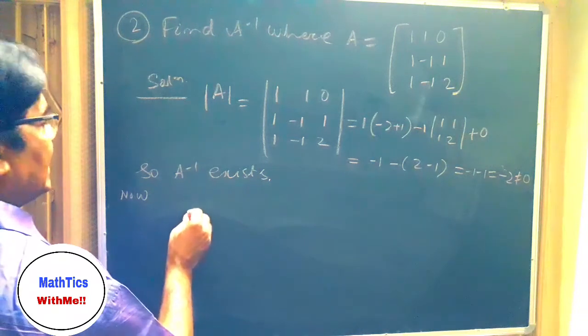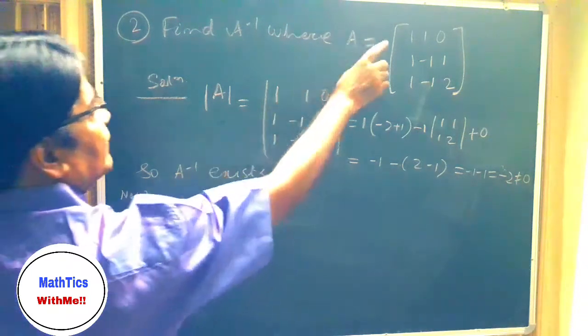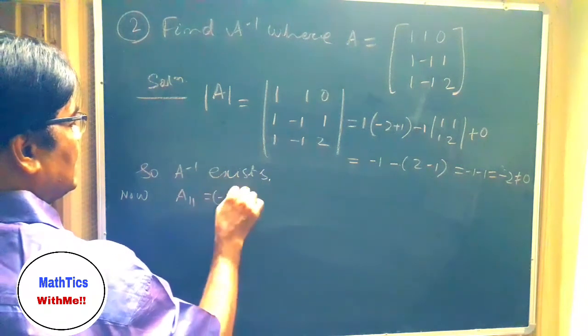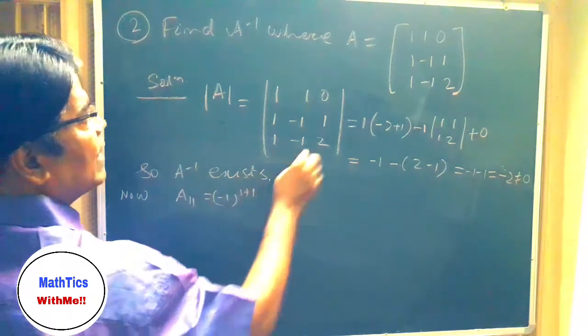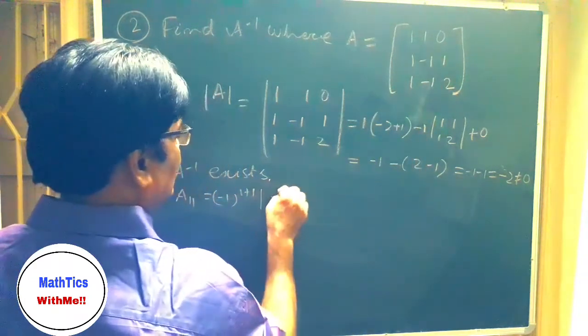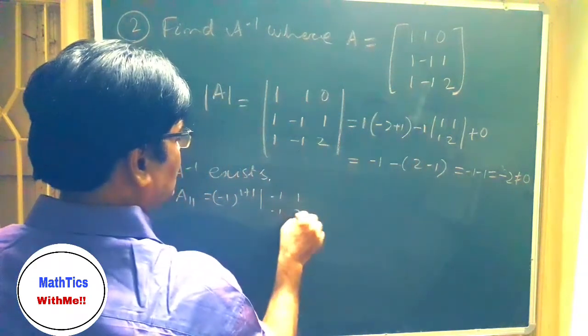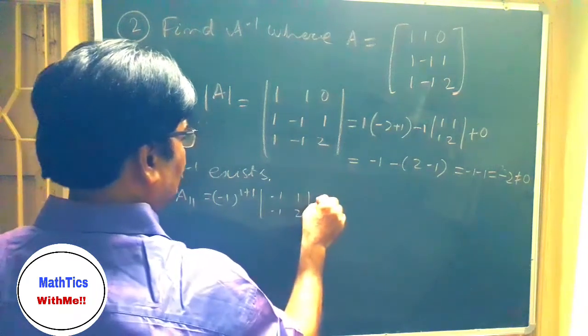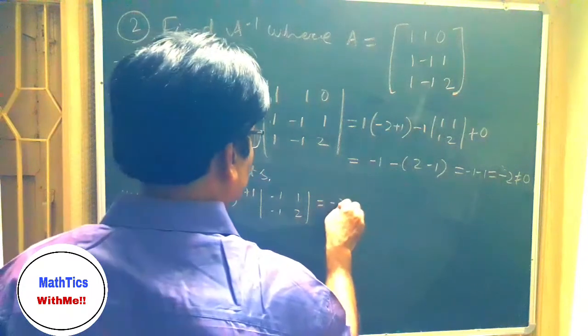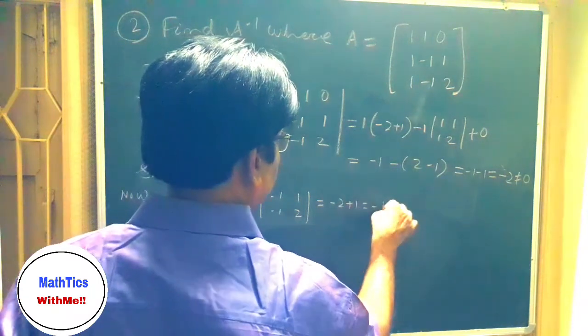Now let us find the cofactor of each element. Here A11, minus 1 to the power 1 plus 1, cofactor of 1. This is minus 1 1, minus 1 2. So this is equal to minus 2 plus 1, which is minus 1.